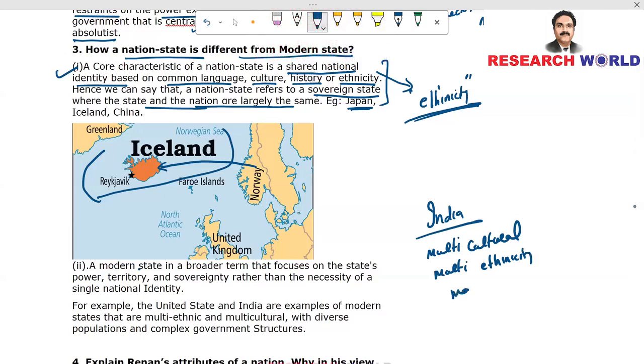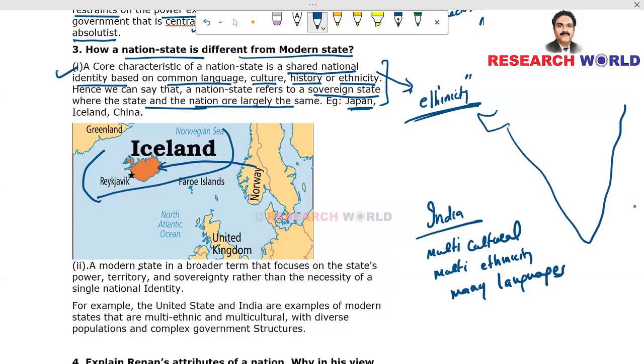We speak many languages. So we have a multicultural, multi-ethnic, multi-language society. And so how do we define our country, India? Because we have got a well-defined geographical limit.